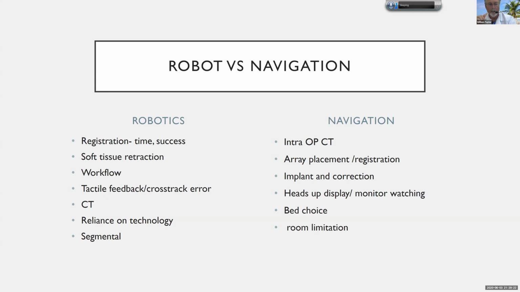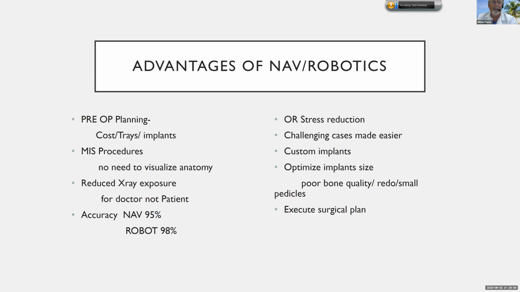You put something in and it really doesn't go to where you want it to go. Navigation really relies on array placement, line of sight, heads-up display, and all kinds of different problems. But they're separate problems, and married together, I think you get the advantage.